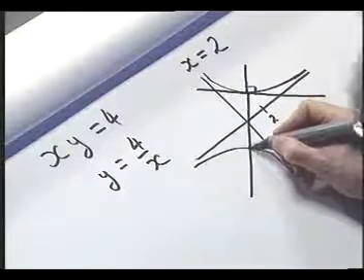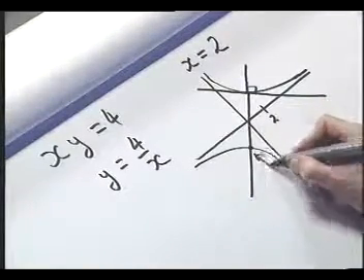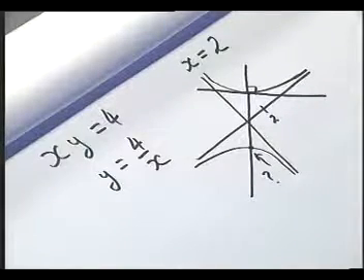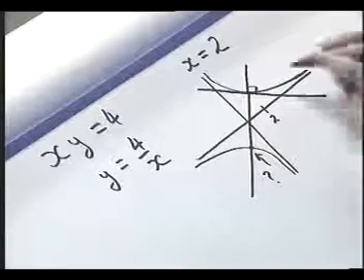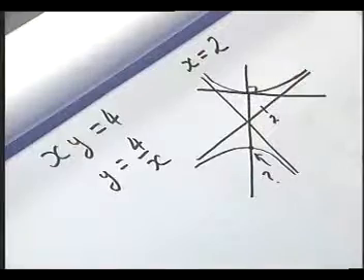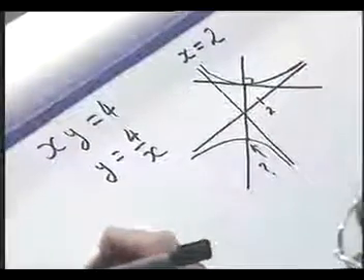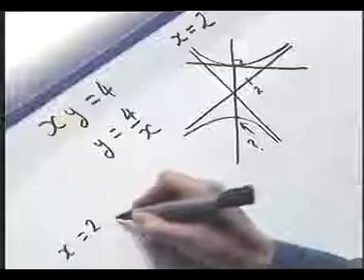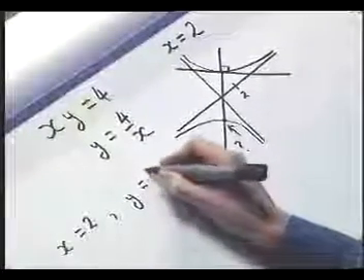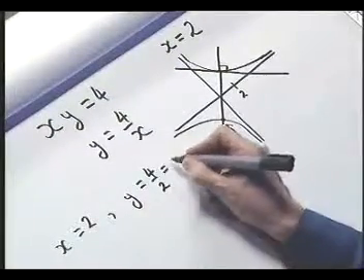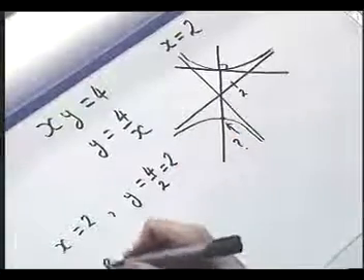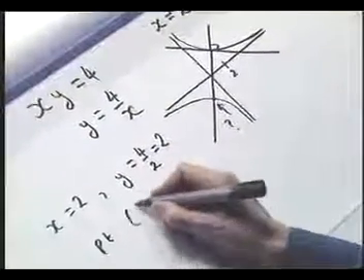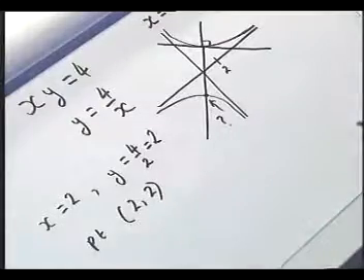So the question is, where is that point? So, first of all, let's establish what this point is up here. We know that x is equal to 2, and that y is equal to 4 over 2 equals 2. So our point is the point (2, 2).